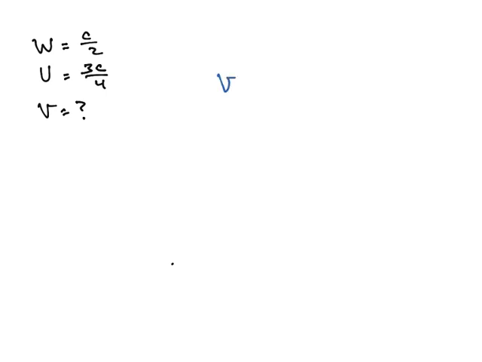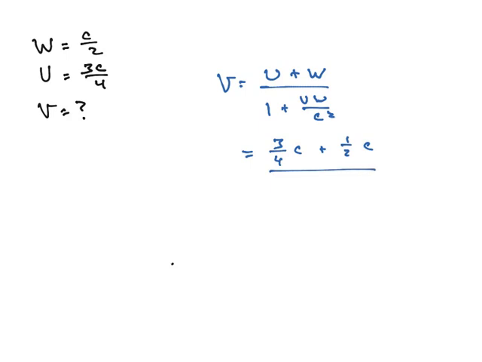Well, the formula says v is equal to u plus w over 1 plus uw over c squared. So what do we get? We have 3/4 c plus 1/2 c divided by 1 plus 1/2 times 3/4 c squared over c squared. The c squareds cancel there.